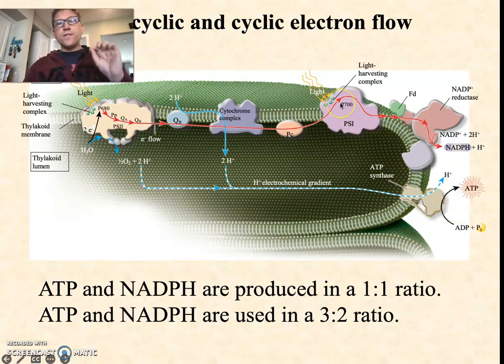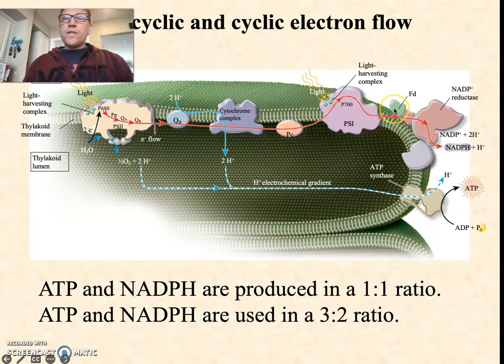But we're not done, because we said that really what we need to make is both ATP and NADPH. And so now the light hits our P700 complex, our photosystem 1 complex. The energy from the photon of light bounces around within the antenna complex until it reaches the P700 reaction center, which kicks the electrons up into a high energy state.